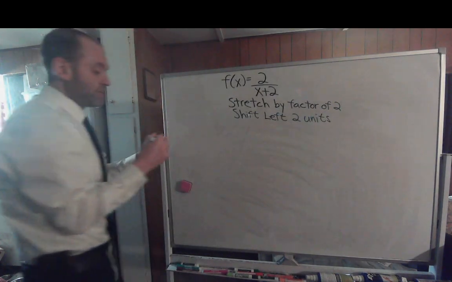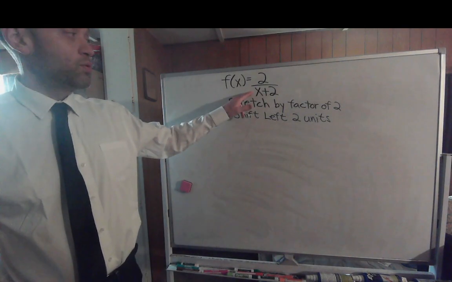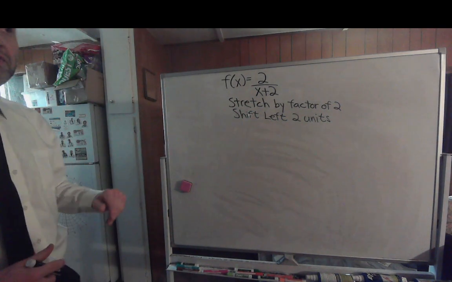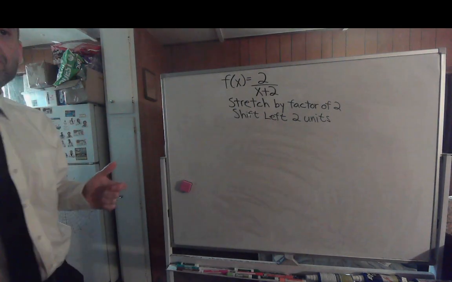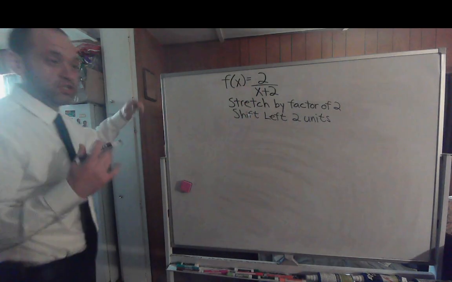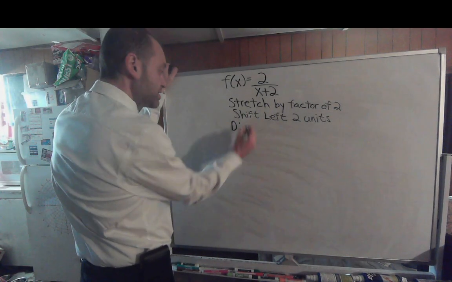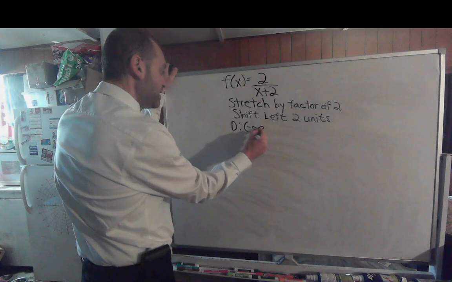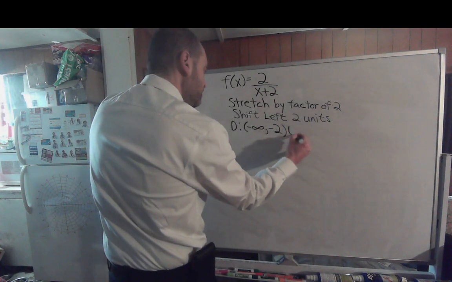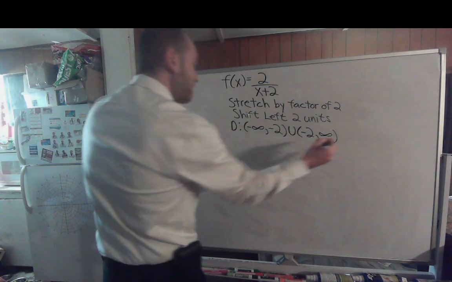Alright, so now we need to deal with the domain. If we set the denominator x plus 2 equal to 0, you would get x equals negative 2. So you can accept any value of x except for negative 2, which would make this undefined. So the domain is going to be from negative infinity to negative 2 non-inclusive in union with negative 2 non-inclusive to infinity.